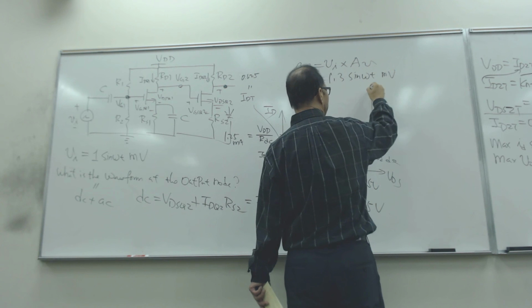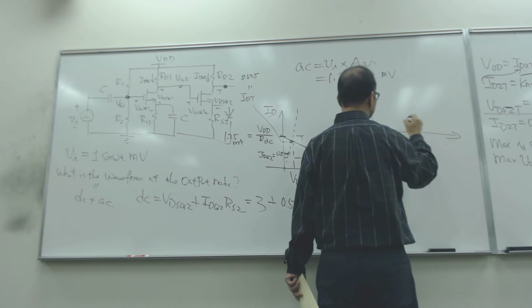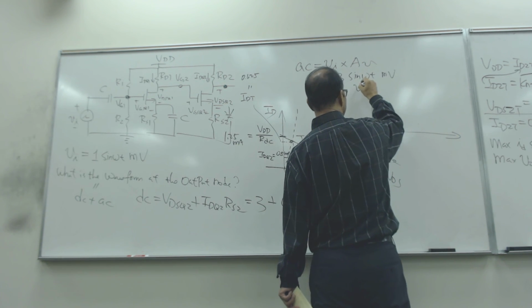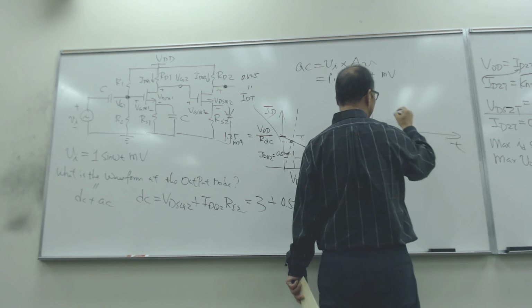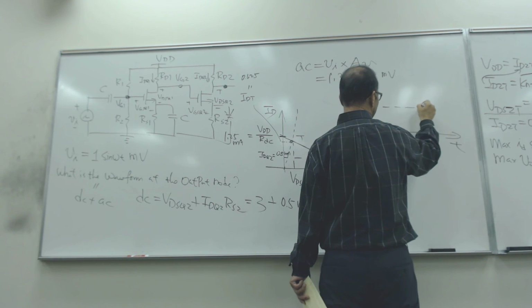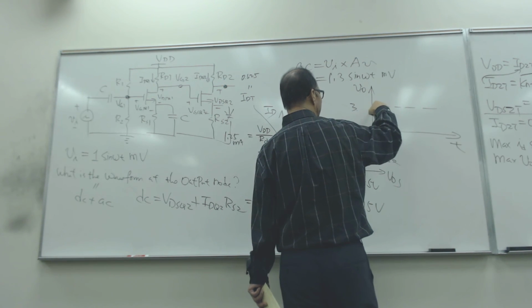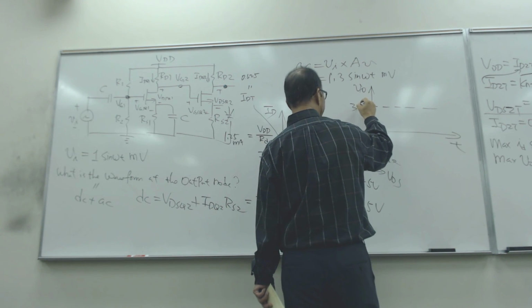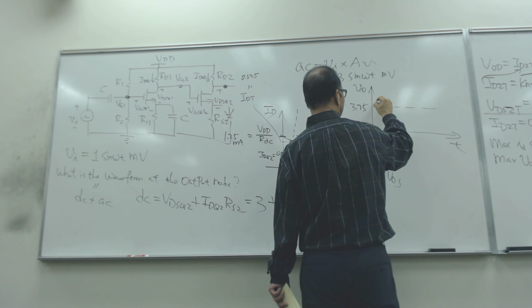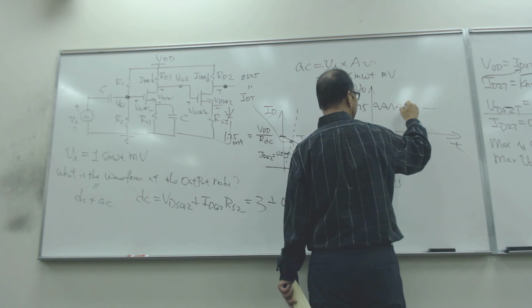So if you have to sketch the waveform, so the VO versus t, it will be something like this. It will be centering around 3.75 and then go up and down.